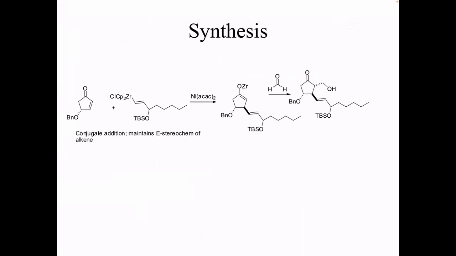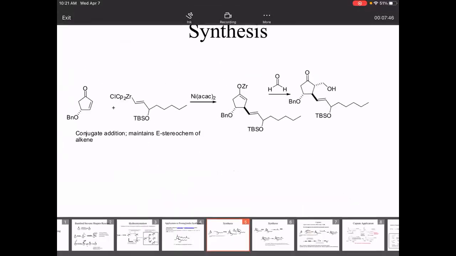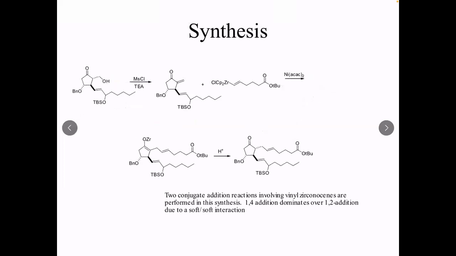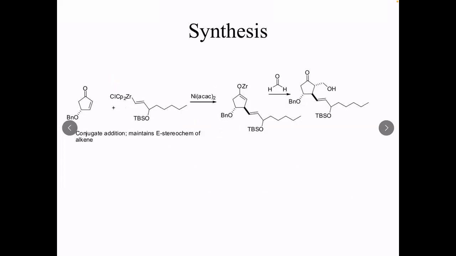Right, so the prostaglandin is here, and then if you look at the synthesis of one fragment, part of the fragment, right? You do a conjugate addition of this zirconocene right here, right? And where do you think we built that from? That zirconocene. How would we go about getting into this species right here? What would you do?